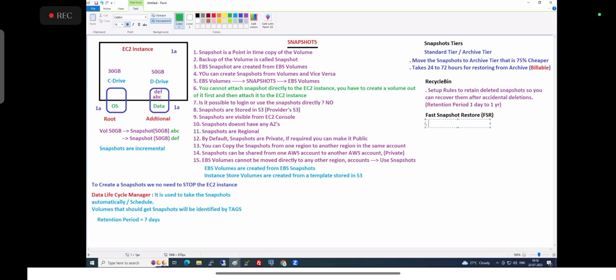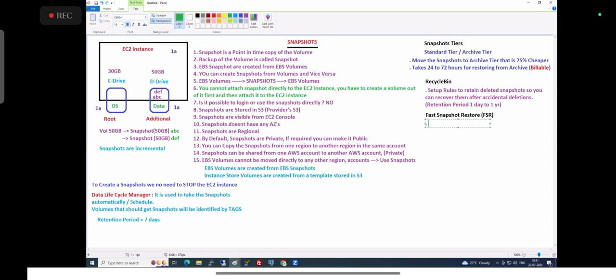Will it be created just like that? It will take time, because it's 500 GB. Can you use that snapshot until it has finished? You cannot. And when you create a volume from the snapshot, you have a snapshot of 500 GB and you want to create a volume out of it.